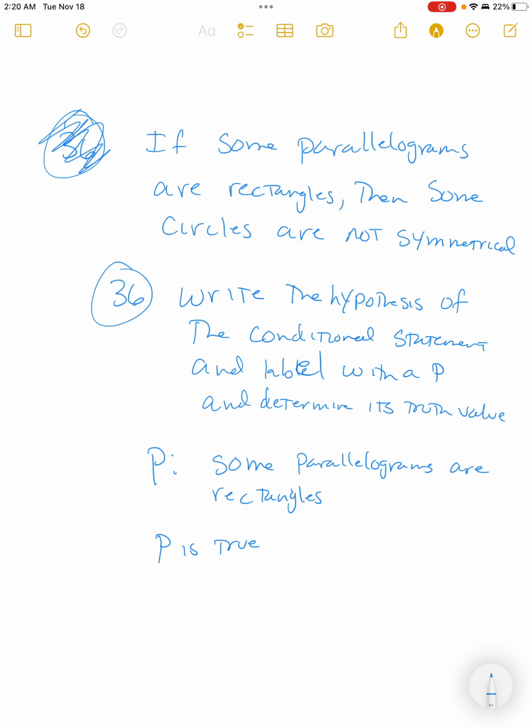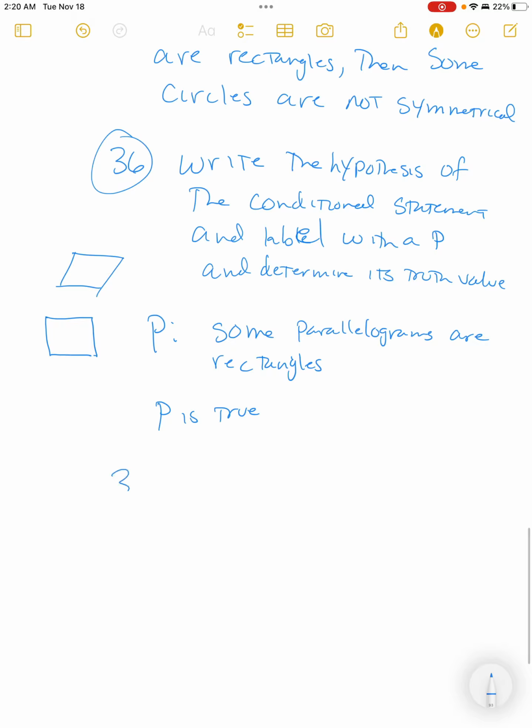And P is true. A rectangle meets at a 90-degree angle, so a parallelogram looks like this, right? But some parallelograms would meet at the 90-degree angle, and so they would be rectangles. So P is true.